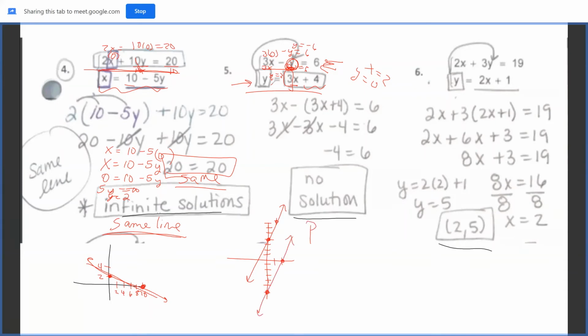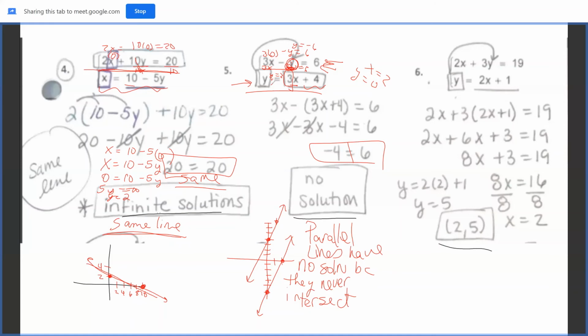Parallel lines never intersect, and therefore they have no solution. They have no solution because they never intersect. Notice that when it was solved, we have negative 4 equals 6, and that's not true. So I solved and worked on systems of equations without ever really solving a system.